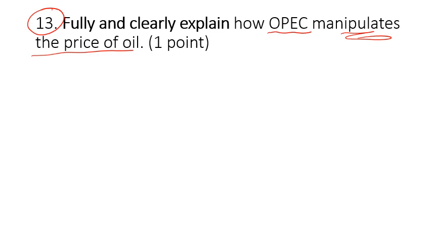The basis of this analysis would be that OPEC is a cartel. It is an oligopoly. And what cartels do is they come together in order to avoid competition, to avoid price wars, to take it easy, basically.